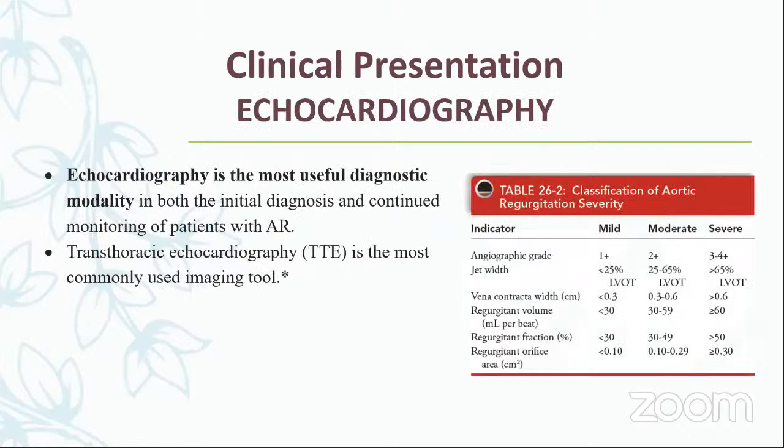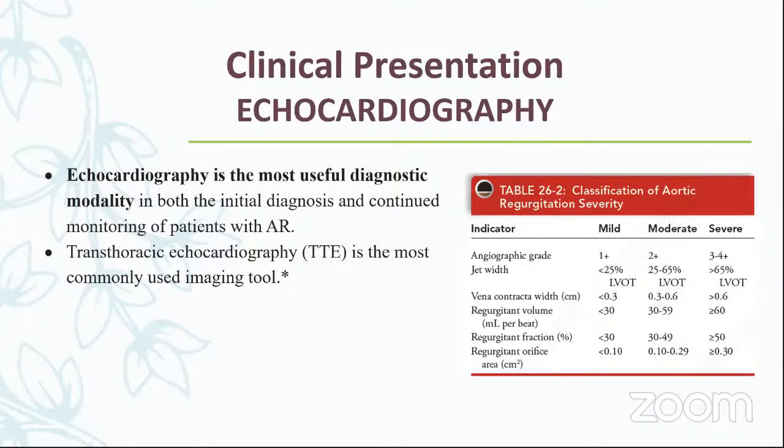Echo is the most useful diagnostic modality in both the initial diagnosis and monitoring of patients with AR, and transthoracic echo is the most commonly used imaging modality. It provides a non-invasive assessment of the aortic valve and aortic anatomy.